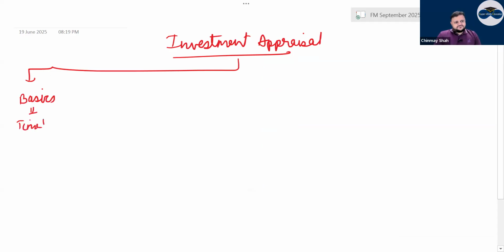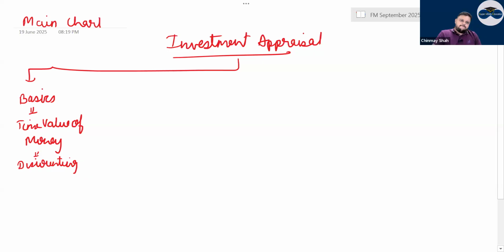Time value of money. Discounting. The main chart of investment appraisal, right? Then you have 4 methods of investment appraisal.